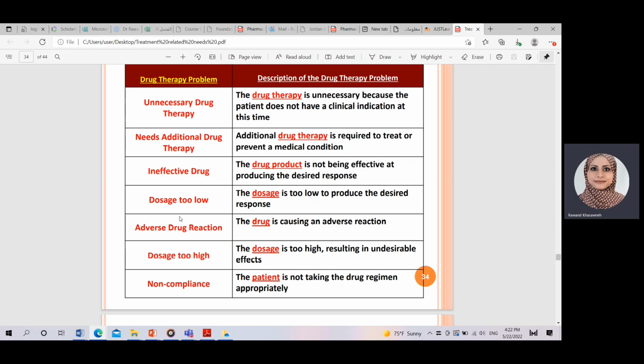The fourth category is dose is too low, or dosage that is too low. The dosage that we are using is too low to produce the desired response. For example, the dose itself is too low, or the interval is too infrequent. Okay, so we have inappropriate frequency of administration, for example once daily regular human insulin.